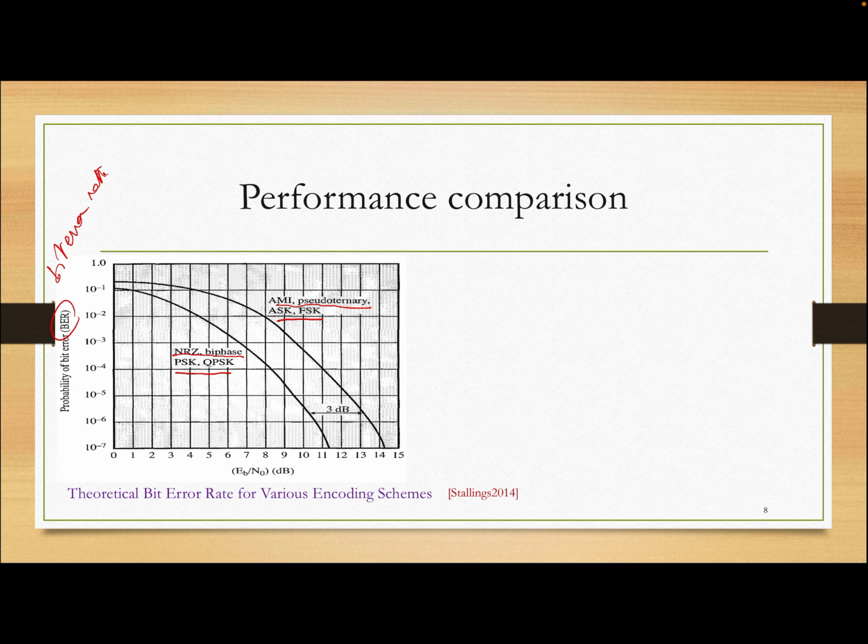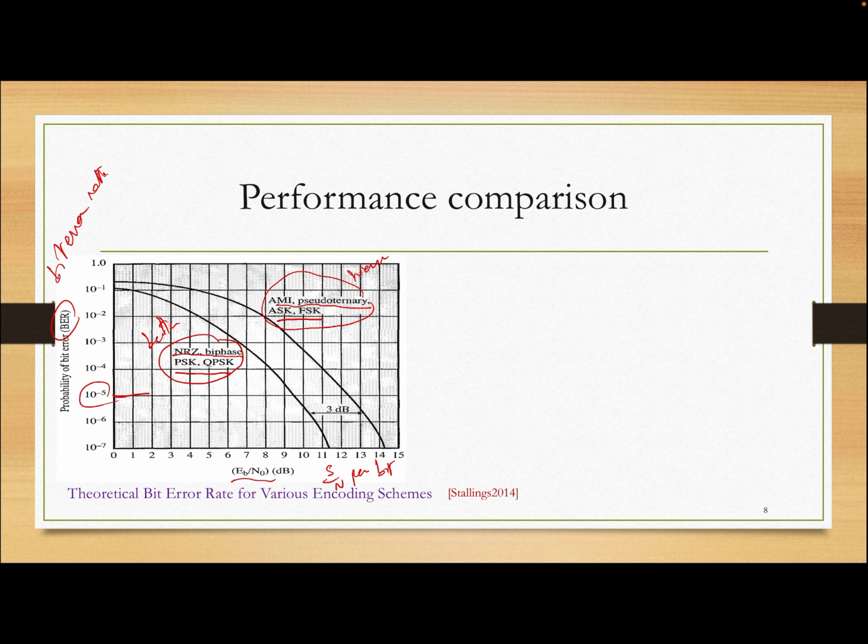This is the probability of bit error rate, and this is Eb over N0, the signal to noise ratio per bit. You can see that this one is better than this group. This one is worse in terms of what?